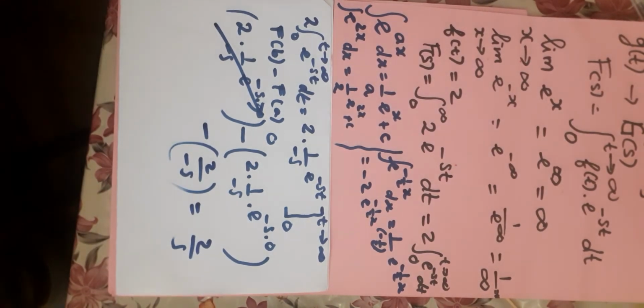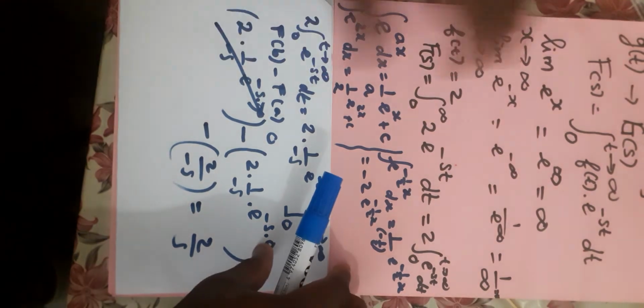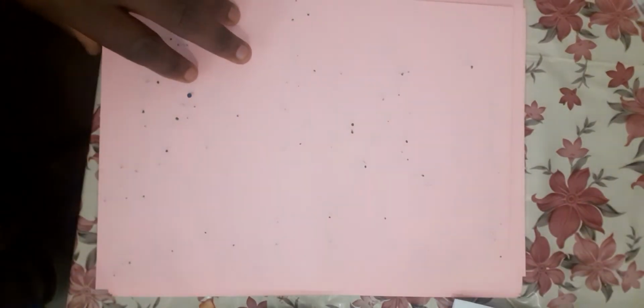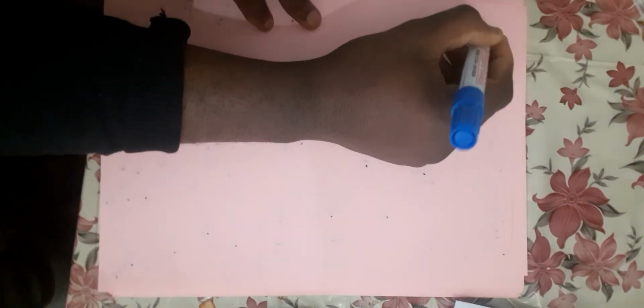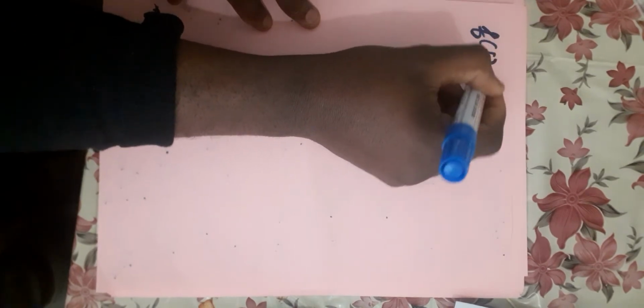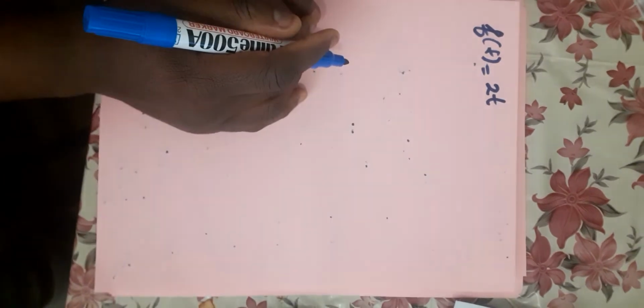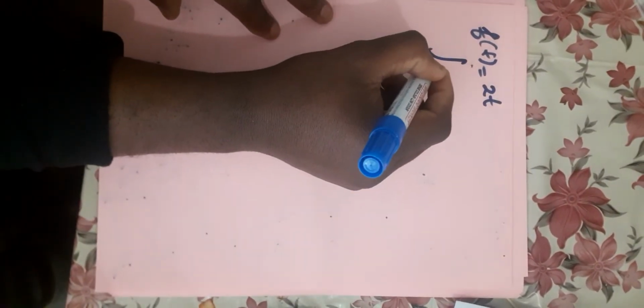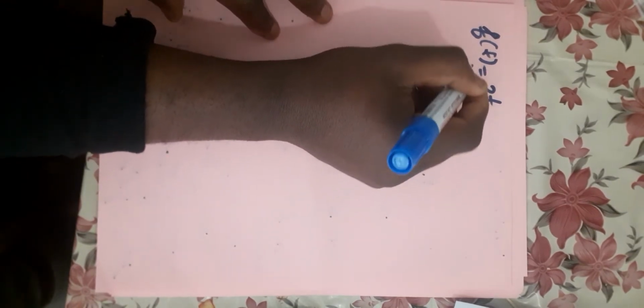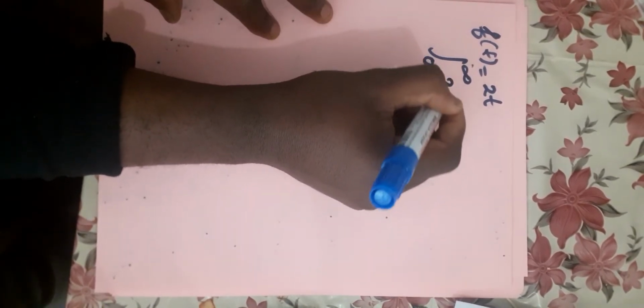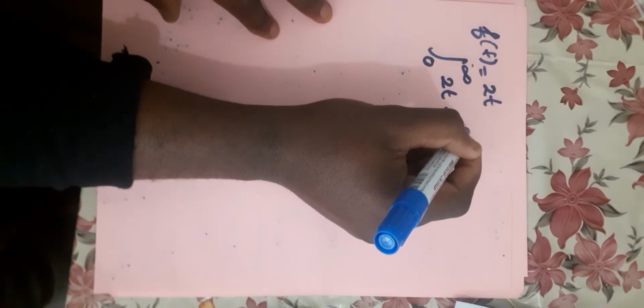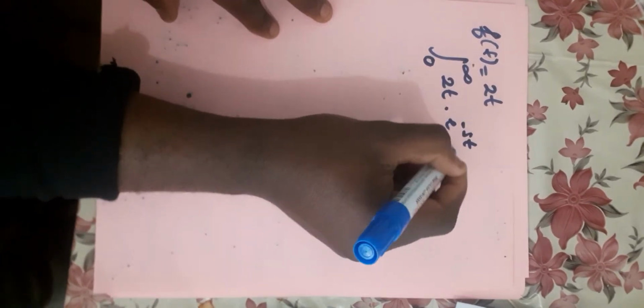Now this is the type of question that can come. Let's say you have f of t equal to 2t, for example. We're going to apply the same rule, from 0 to infinity, of 2t multiplied by e to the power minus st dt.